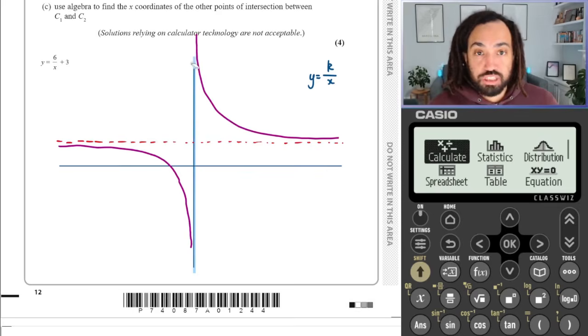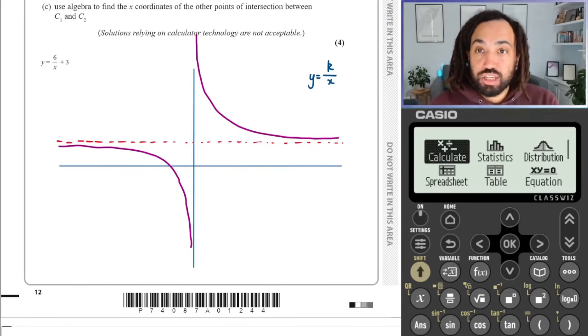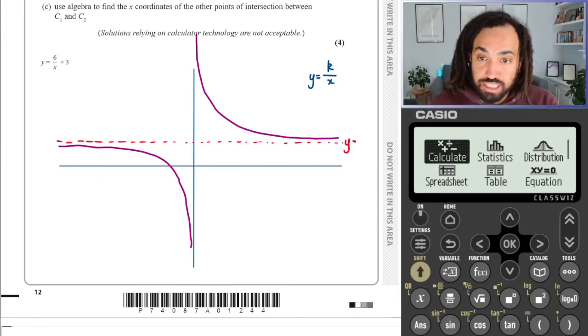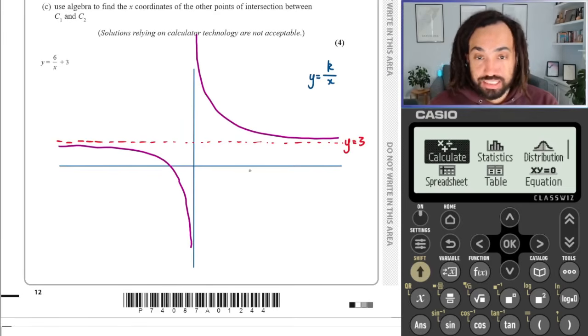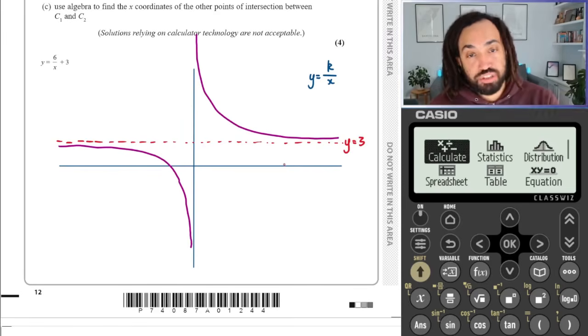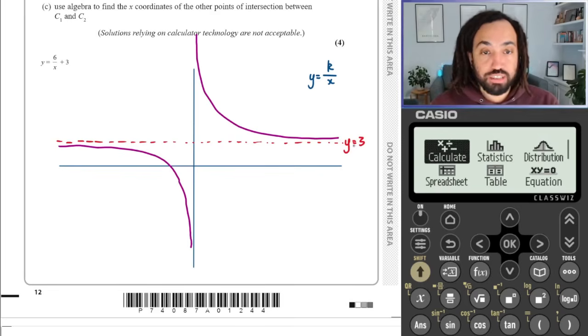Whoops, this one's not going to change at all. So this horizontal asymptote is now y is equal to 3, because before it was the x-axis, which is y is equal to 0, but because it's been shifted up by 3, it's now y is equal to 3.